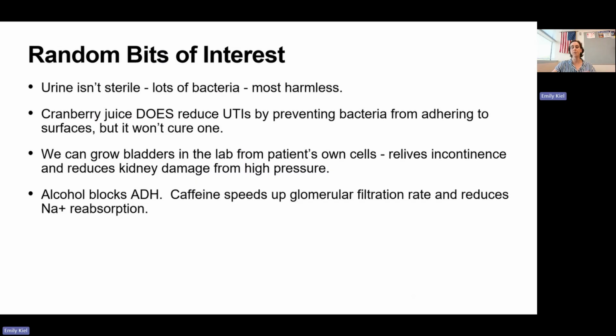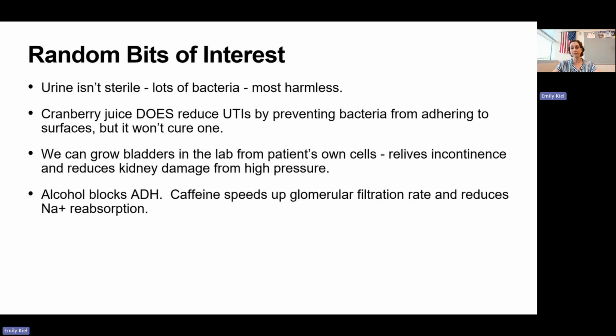That inability to resorb water, kind of like we talked about in diabetes, is going to lead to dehydration. When the person wakes up the next morning, they are really dehydrated, and that's a huge contributor to a hangover. So drinking water can be really helpful to combat those effects.